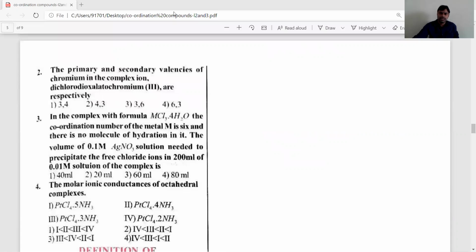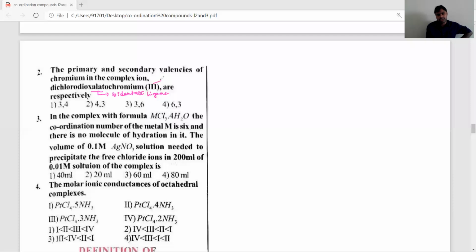Second question. See, dear students, the primary and secondary valency of chromium in the complex dichloro dioxalato. Oxalato is a bidentate ligand, and the oxidation state is equal to 3.